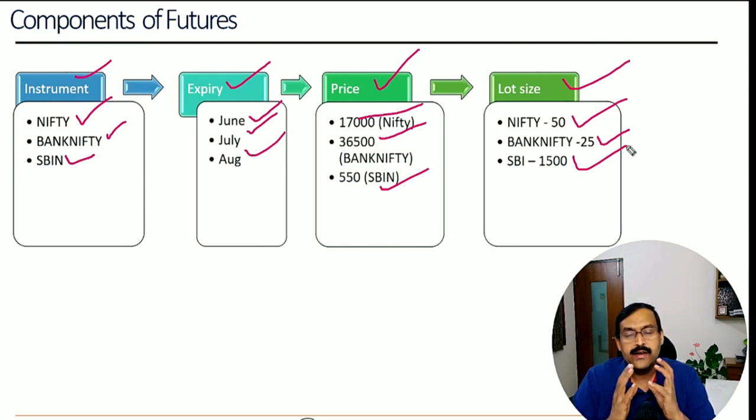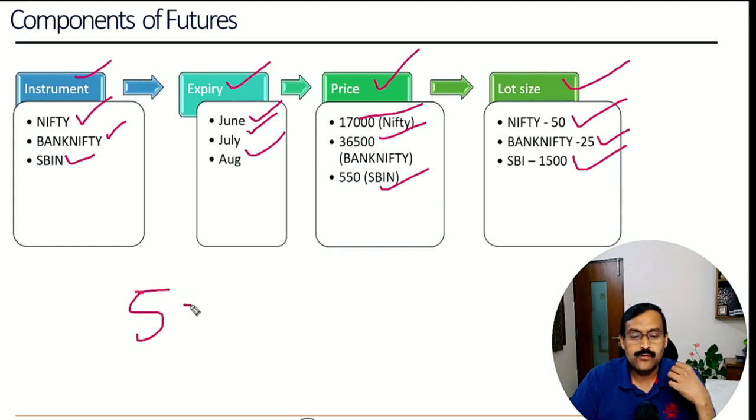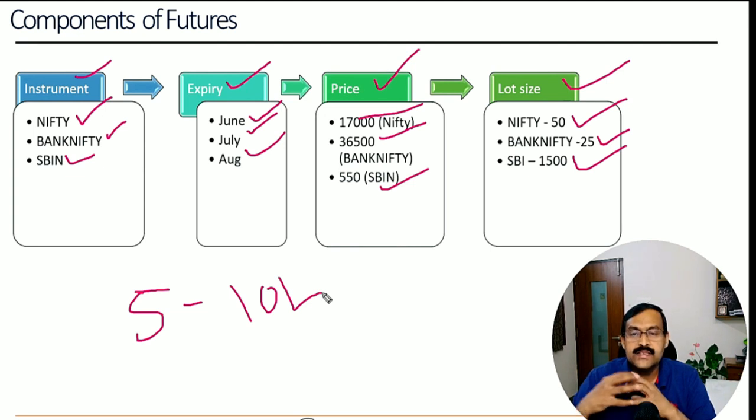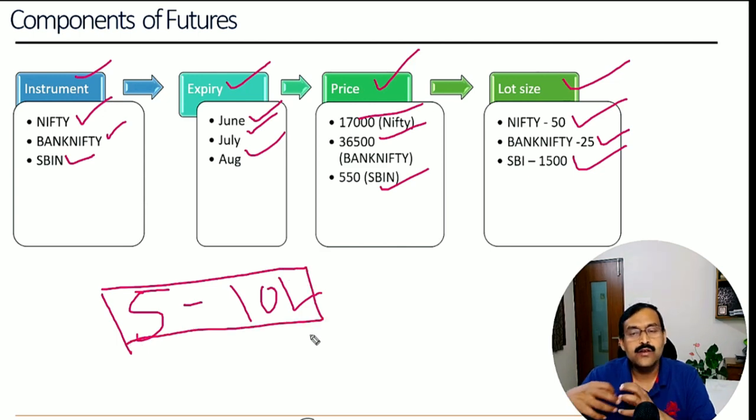So who decides this lot size and how? The lot size is decided by the exchange to keep the asset value somewhere between 5 to 10 lakhs. If the asset has to be physically settled, you will have to buy or sell a minimum quantity of 1,500 SBI shares. So the value of 1,500 SBI shares should fall somewhere between 5 to 10 lakhs. That is how the exchange decides the lot size.